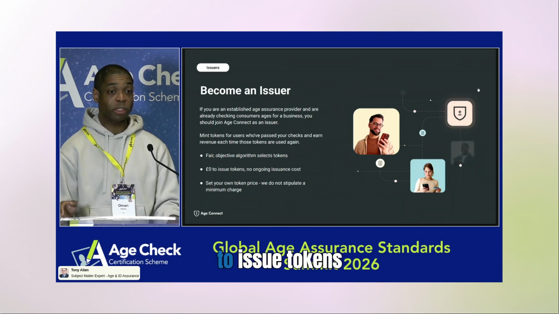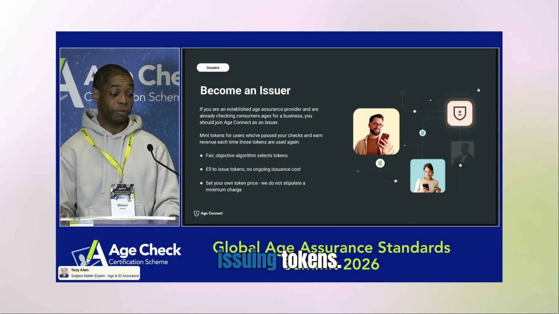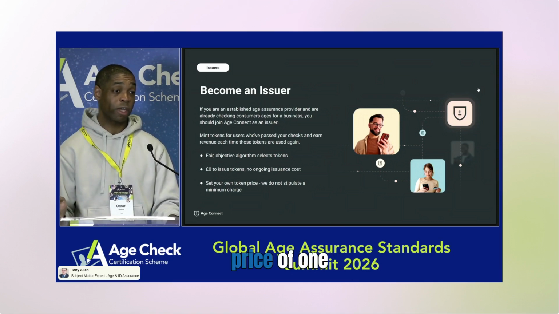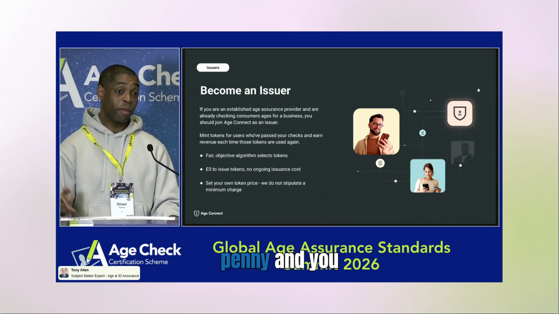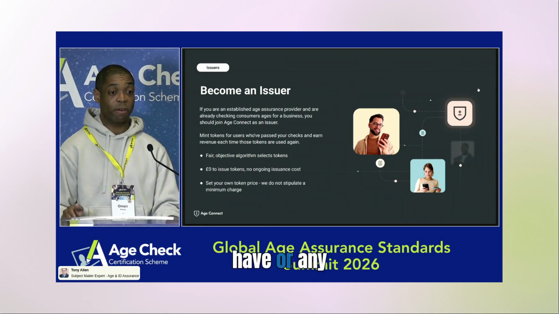There is no cost to issue tokens, and there shouldn't be any future cost of issuing tokens. And as a supplier, you set your own pricing. So if you have a price of 1 penny and you want to keep that price, that is down to you. If you want to charge £1, you charge £1. We're not going to penalize anybody for any selection of pricing, any previous agreements they have or any future agreements they want to set in place.